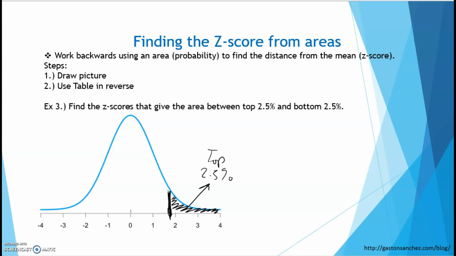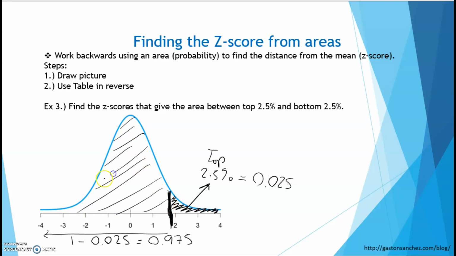If I know that this up here is 0.025, then to get the distance starting here and going all the way over, I know that the area under the curve has to be equal to 1. So that's going to be 1 minus 0.025, which is the same thing as 0.975. Okay, so to the left of this z-score, all of this area right here is 0.975.